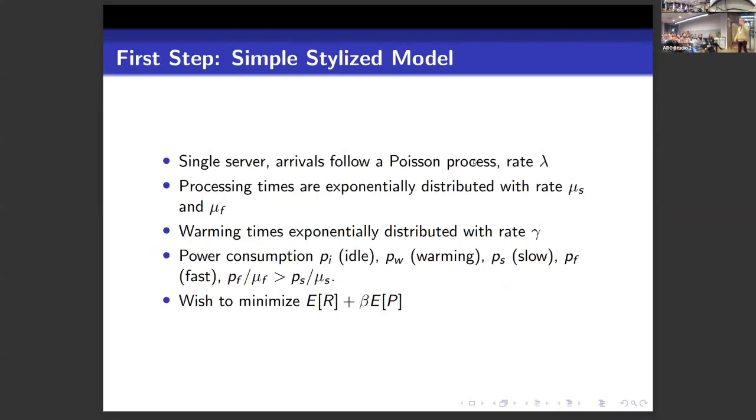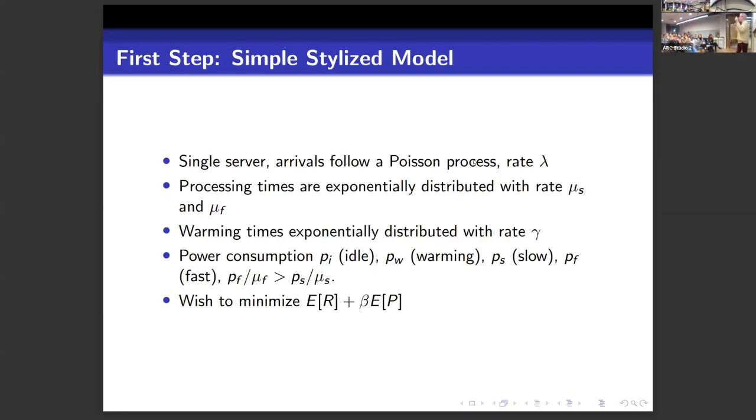Here, I'm just going to give you a really, really simple model that we use. It's just a single server, so this is kind of a starting point, and we built a queuing theoretic model. If you're not familiar with some of these things, that's fine. We have an arrival process with a fixed rate lambda that we assume we know.